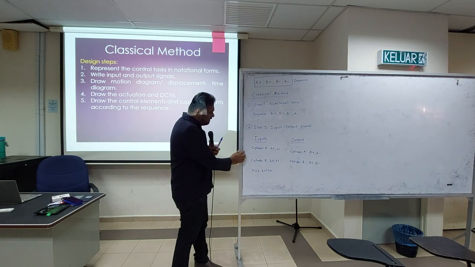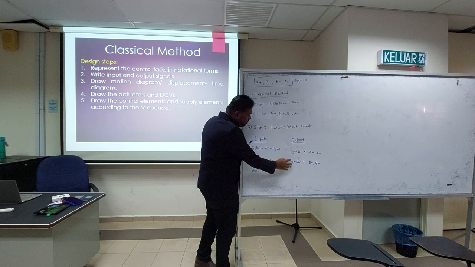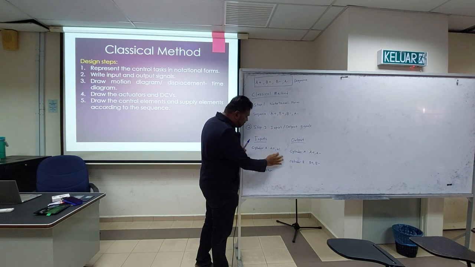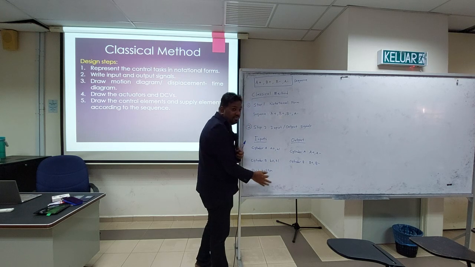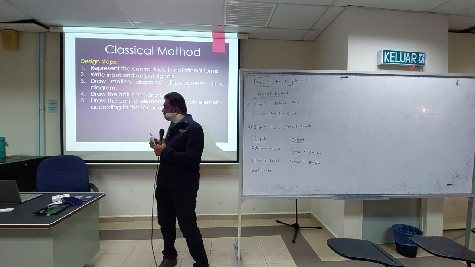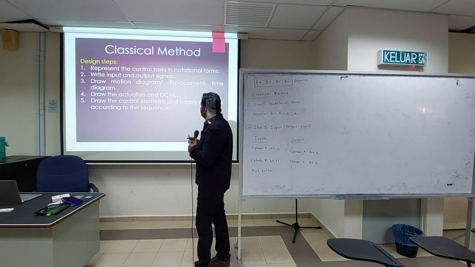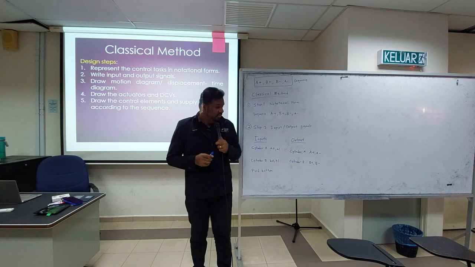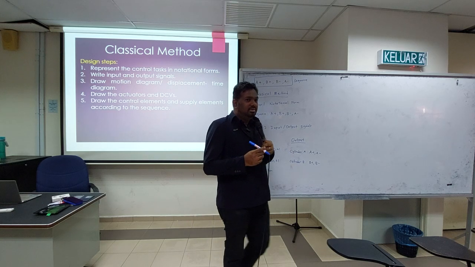Okay. So ada 3 input and also so I actually ada 5 input lah. So input 1, input 2, input 3, input 4, input 5 and output ada 4. Okay. So far step 1, step 2 okay?